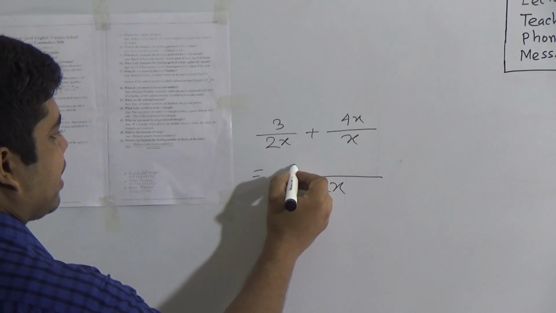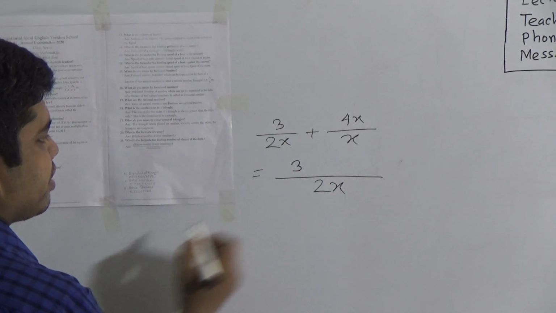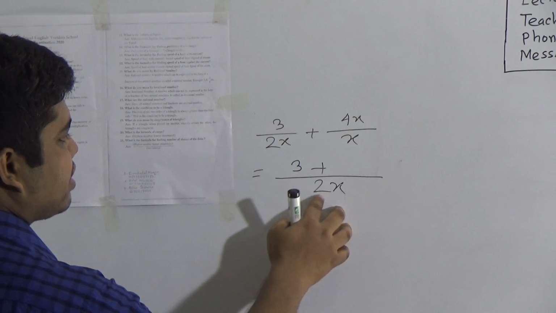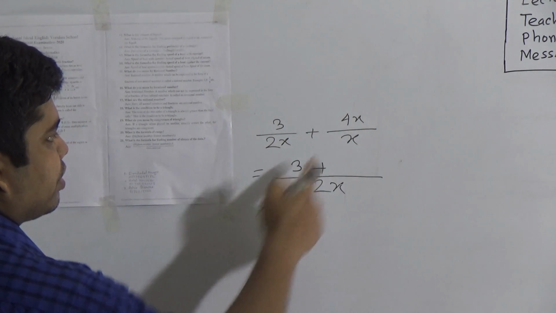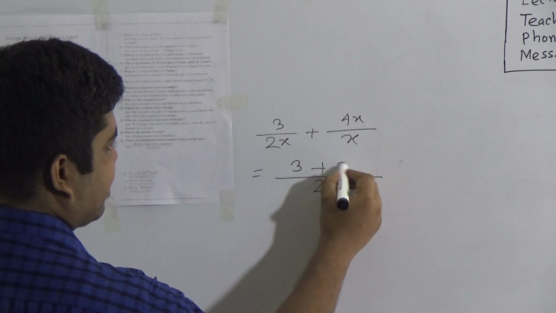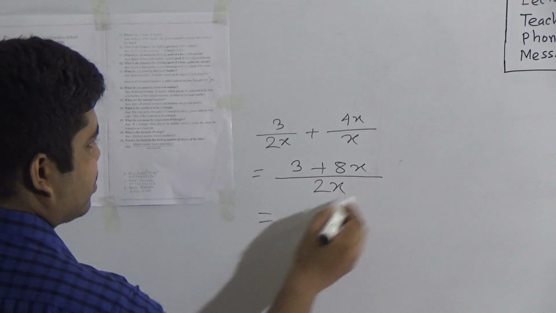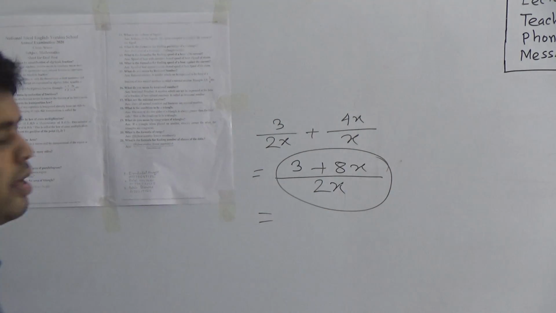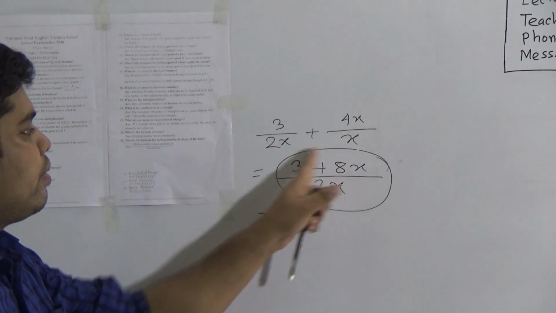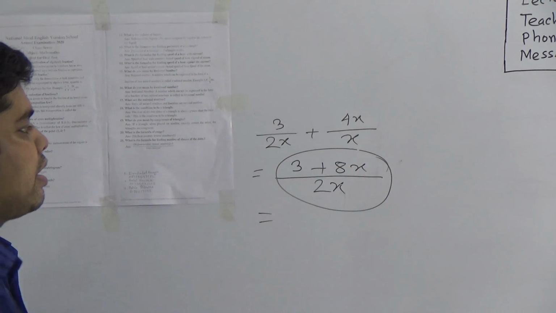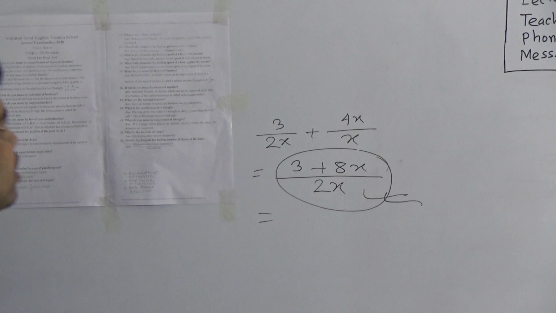That 1 is multiplied with this 3 and it will be 3, plus we divide this 2x by x, we get 2. That 2 is multiplied with the numerator, that means 8x. So notice, this is a single fraction. If we add these two fractions, then we get a single fraction, and this is the simplification of algebraic fraction. I hope you have understood. Question number 1 done. Next we shall solve question number 2.